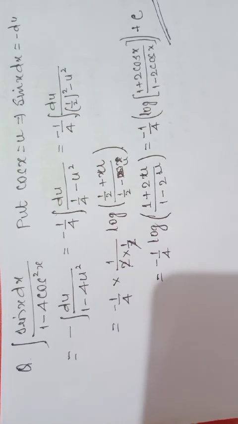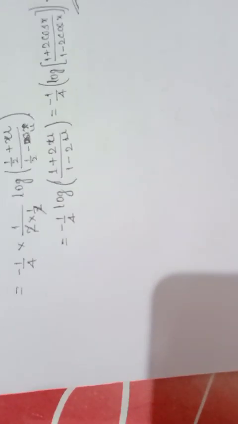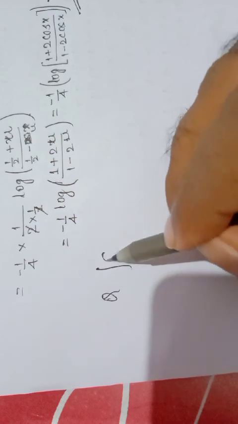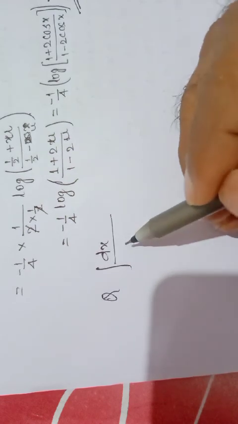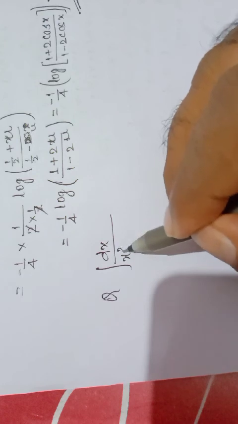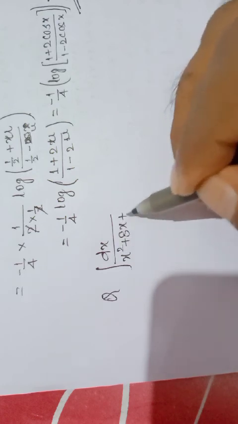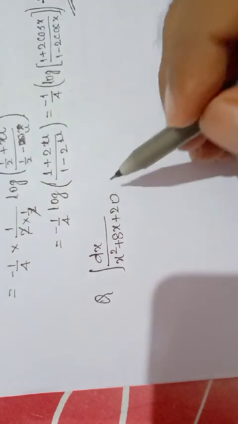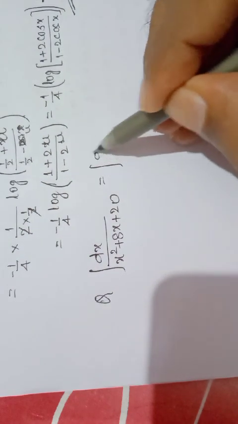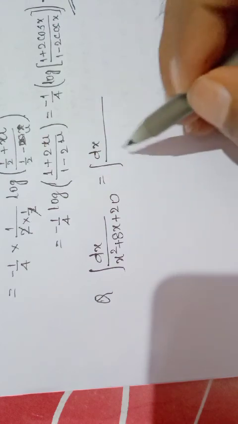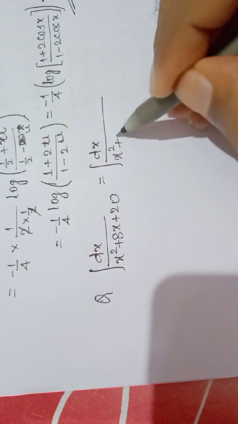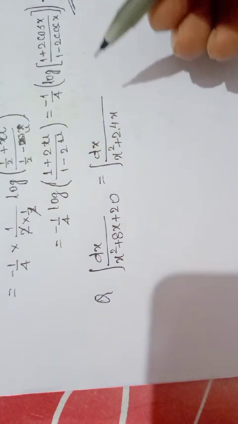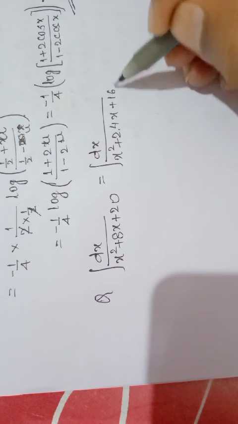Now see the next question. Your next question is integrate dx upon x square plus 8x plus 20. First simplify this one: dx upon x square plus 2 into 4x, which is 8x, and 20 should be written as 16 plus 4.